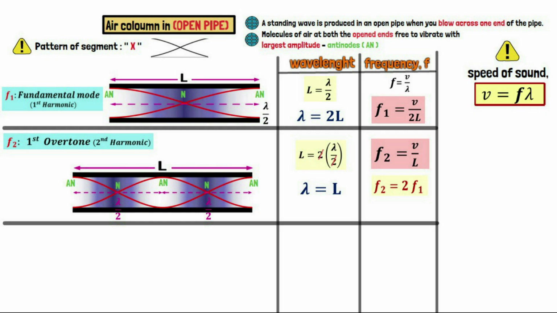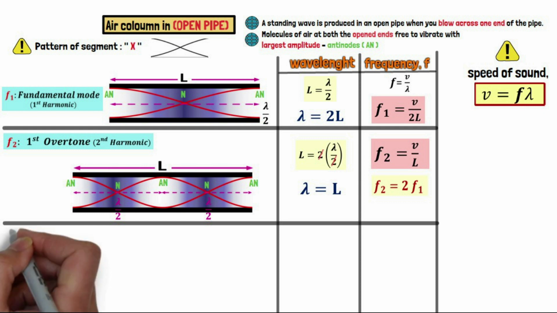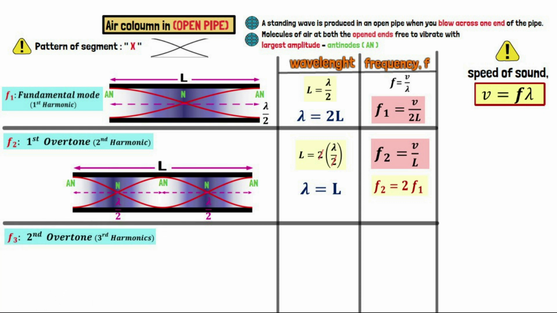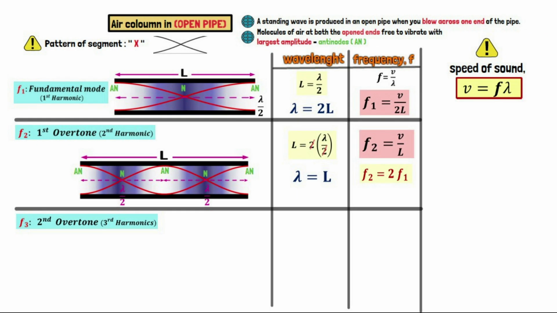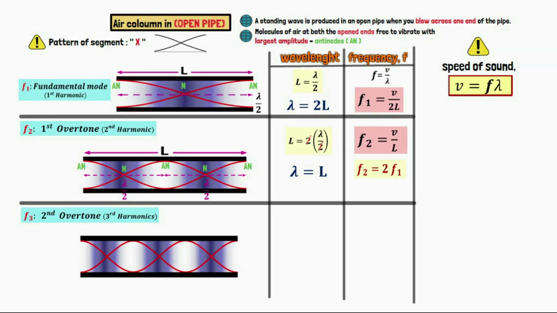Okay? So now let's proceed to the third one, which is third harmonics. So we have second overtone atau nama lain dia adalah third harmonics, F3. So, bagaimana untuk kita lukis the pattern of the standing wave produced in the open pipe? So, kita mesti lukis 3 kali X. Okay? The pattern of segment untuk stretch string tadi, kita ada dorayaki. Dan kali ini untuk open pipe, kita ada X pattern. Okay?